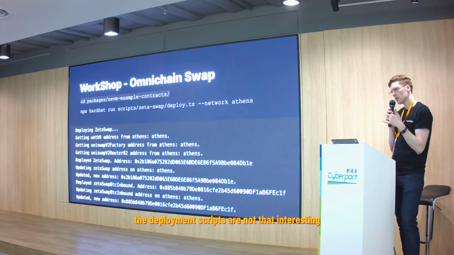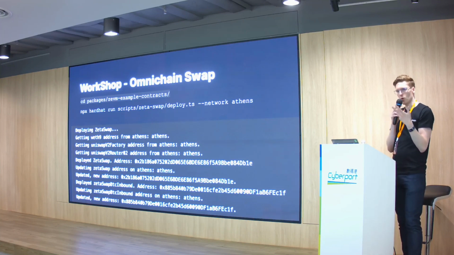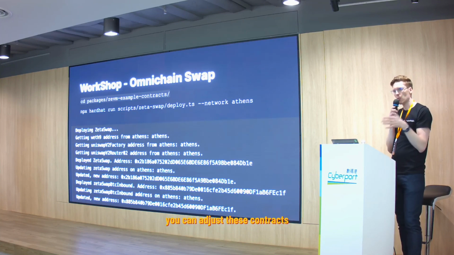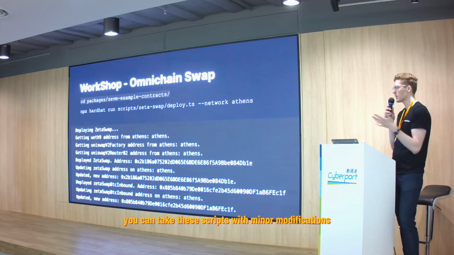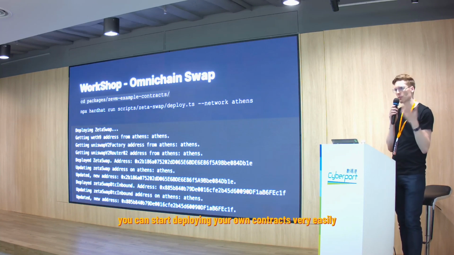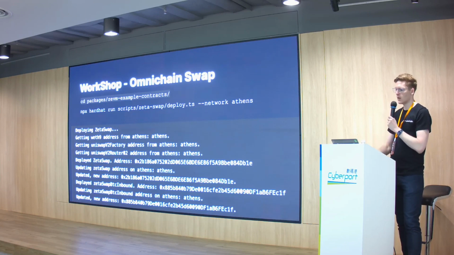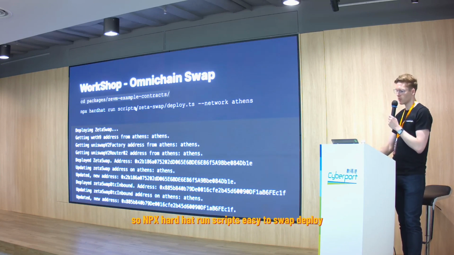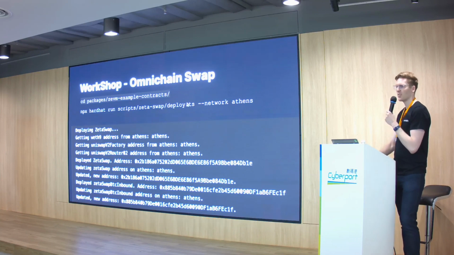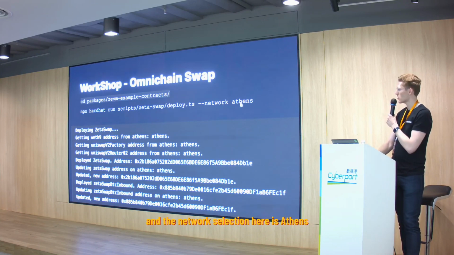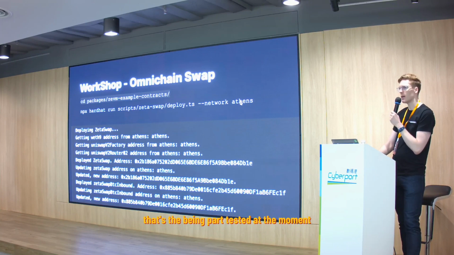The deployment script's not that interesting, but just know if you want to build on us, you can adjust these contracts, take these scripts with minor modifications, and start deploying your own contracts very easily using these foundations we're giving you. So npx hardhat run scripts/zeta-swap/deploy is going to deploy this for you, and the network selection here is Athens. That's the name of our testnet at the moment.